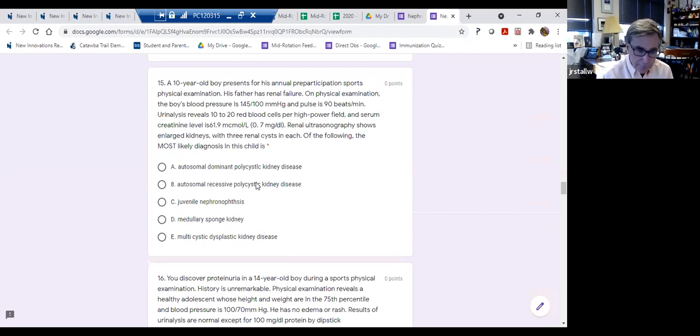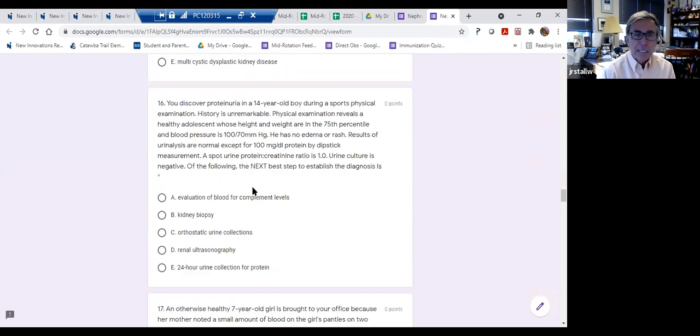Okay, 16. A lot of you missed 16, so let's look at this. 14-year-old boy, sports physical, everything copacetic, he's cool, blood pressure okay, everything's fine. He has that 2+ protein, spot urine protein to creatinine is 1, urine culture's negative.